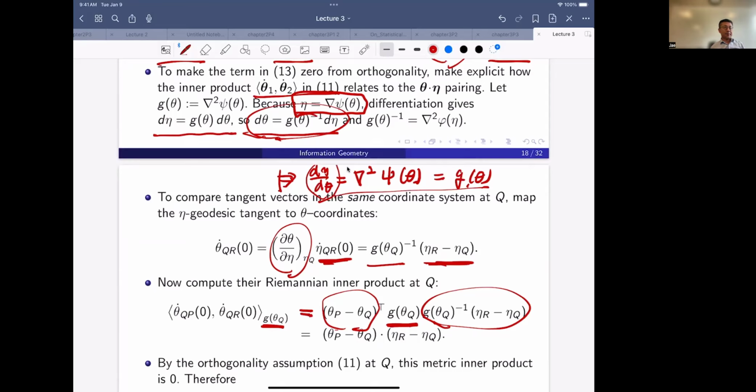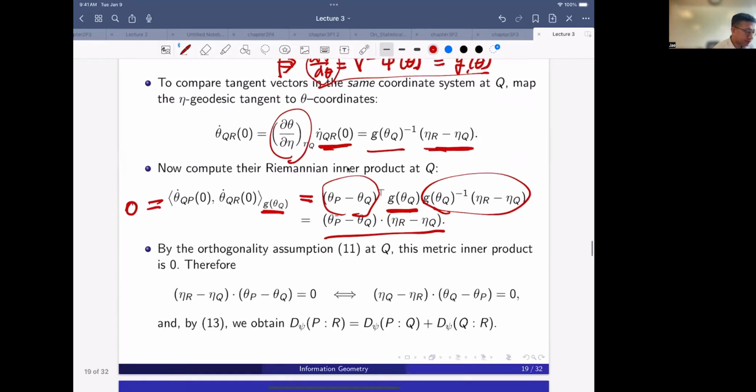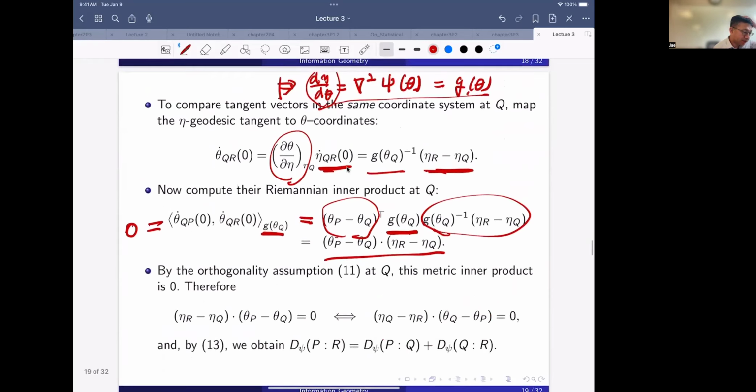And in the end we get this. But because we set this one to 0 as an assumption, that means this term will be 0. So that gives our proof of the Pythagorean theorem.